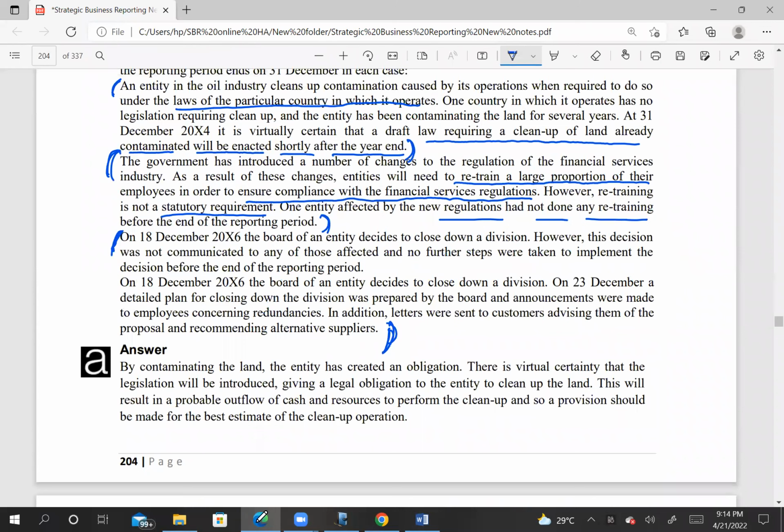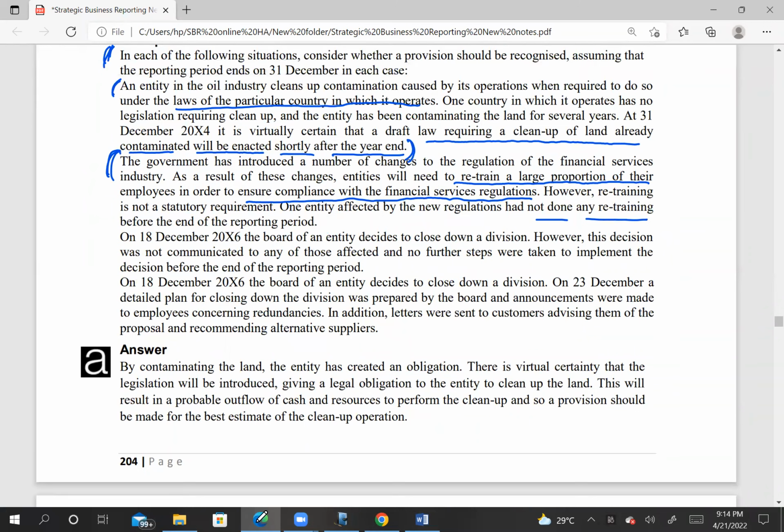Now come back to the case study. Read this case study and tell me whether a provision should be recognized or not. On 18 December X6, the board of directors of an entity decides to close down a division. Scope of the business.